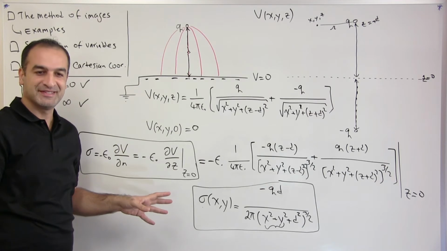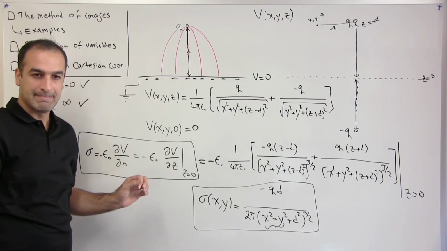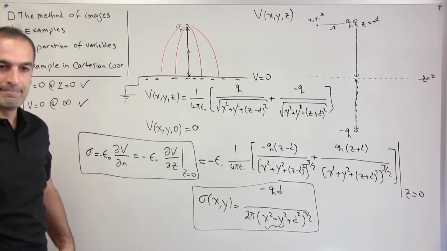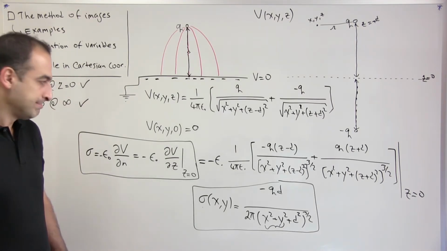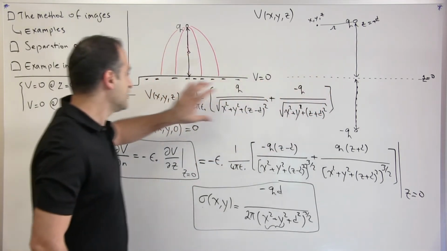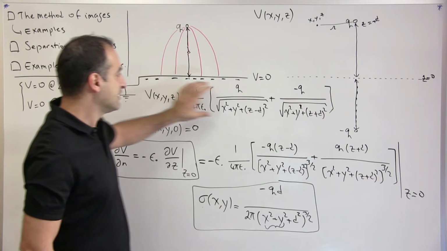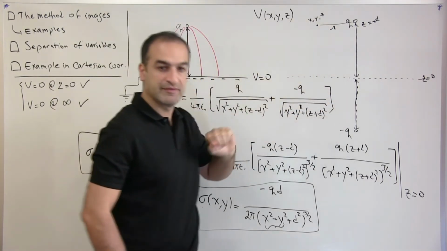Did I answer your question? And all of this by just taking another situation when there's a negative Q exactly at another distance? Yes. So the whole electric potential, we wrote it based on having two charges, Q and negative Q here.